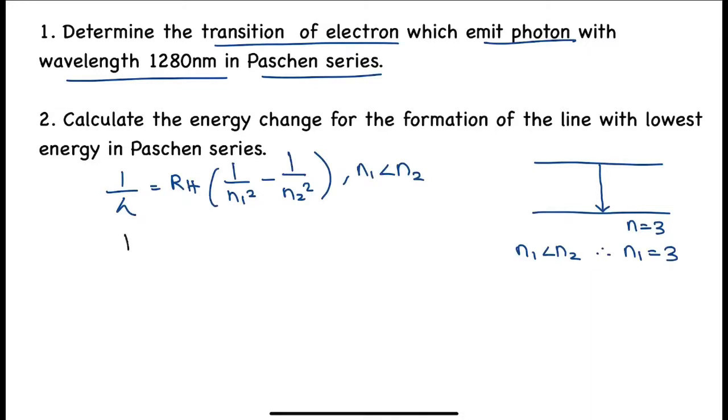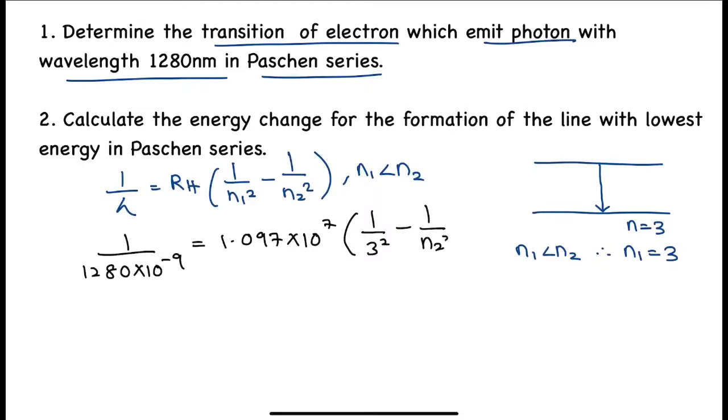That would be 1 over 1280 times 10 to the power of negative 9. Make sure to convert nanometers into meters, equivalent to the Rydberg constant with value 1.097 times 10 to the power of 7 multiplied by 1 over 3 squared minus 1 over n2 squared.